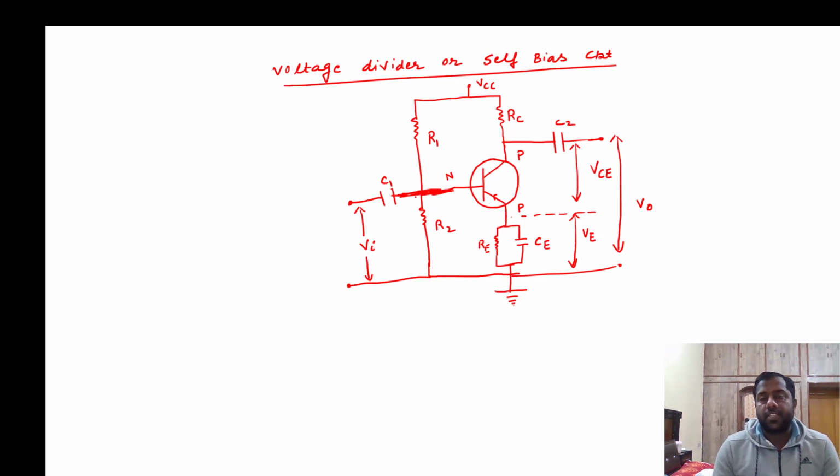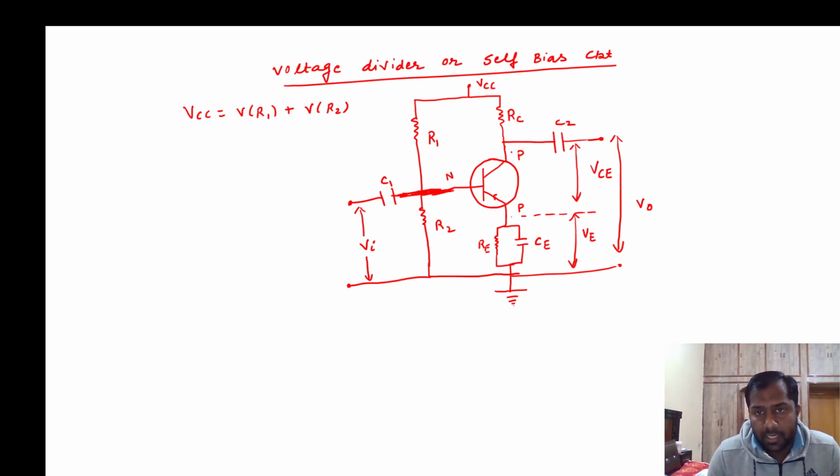In this case, this VCC supply is distributed among R1 and R2. So the net potential across R1 and R2 is VCC, which is the voltage across R1 plus the voltage across R2. So these are very important points.